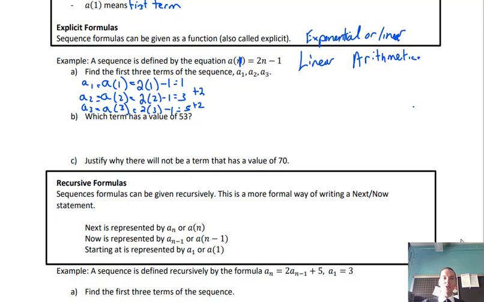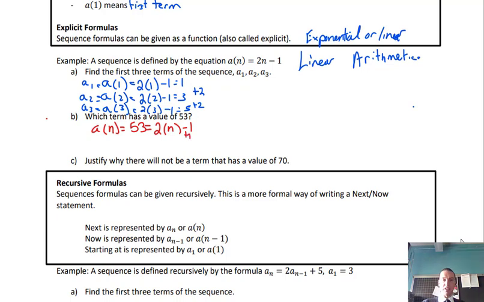Which term has a value of 53? So this is the value. Again, as above, we said it's the value of the nth term. So 53 is actually going to go in for a of n. So a of the nth term is 53, which equals 2 times n minus 1.